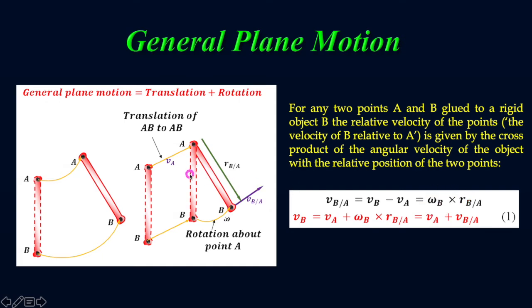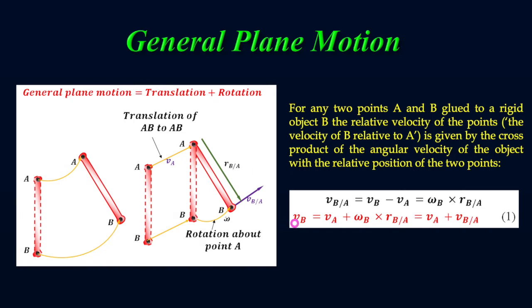Now, this is the relative velocity between these, but the absolute velocity of B is a combination of this translation part, meaning the motion of A, velocity of A, plus this relative velocity.